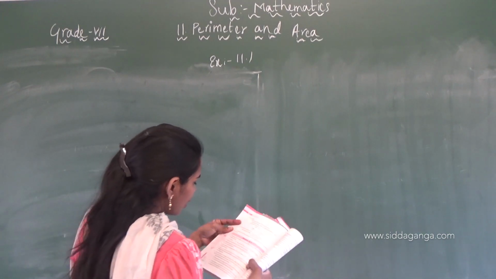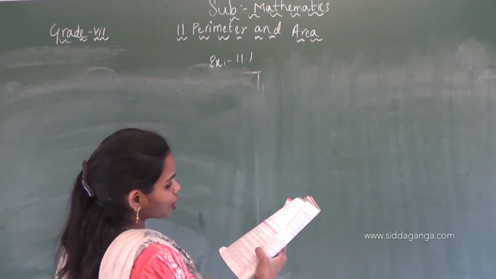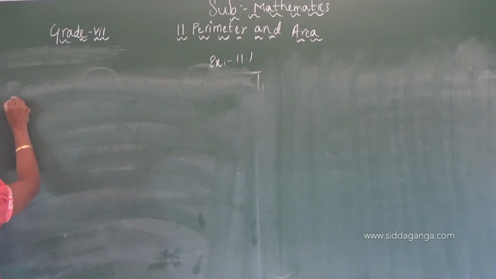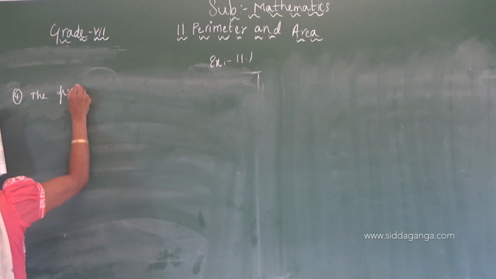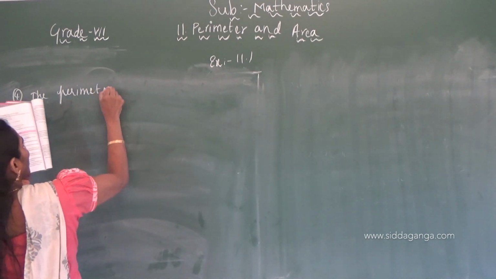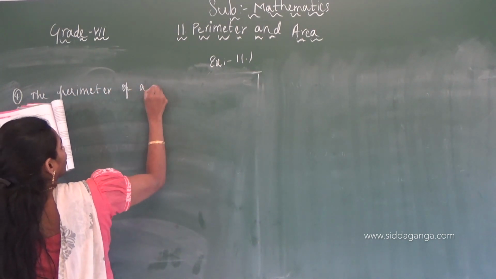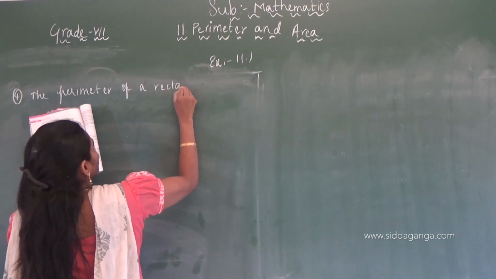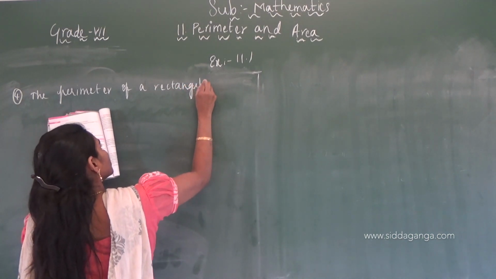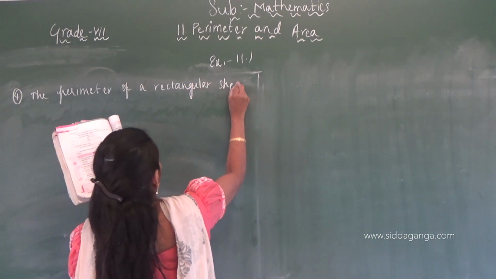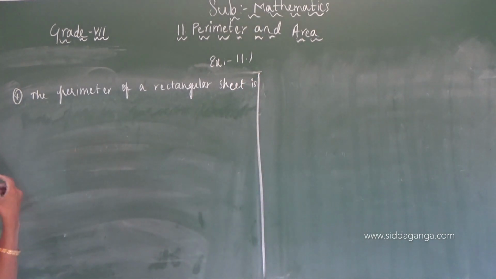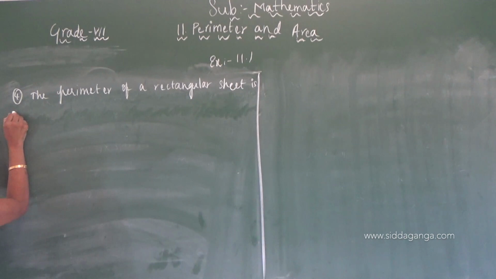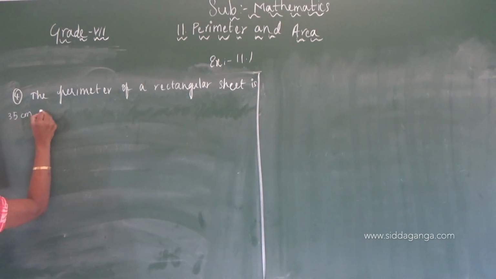Okay, next question. The perimeter of a rectangular sheet is 100 centimeters and length is 35 centimeters.